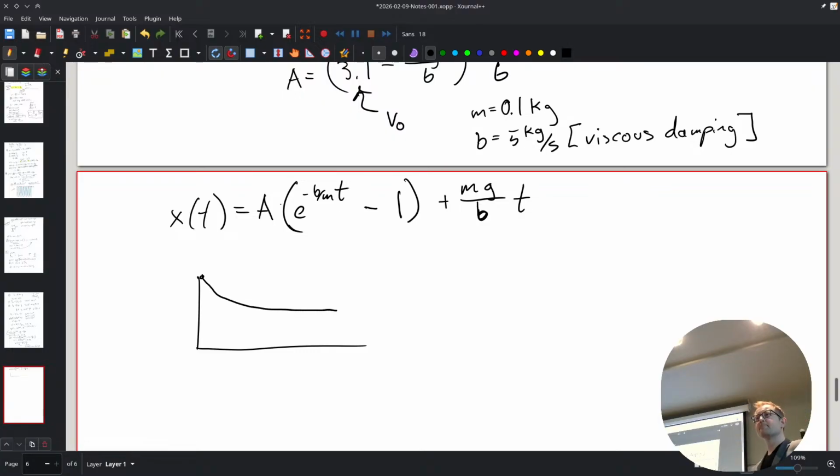Like that. Because with that graphic representation, the x over time. Yeah, is this x of t? Is that x of t?